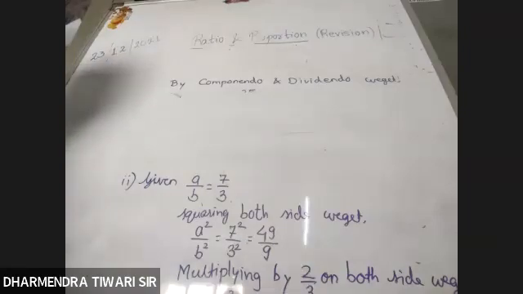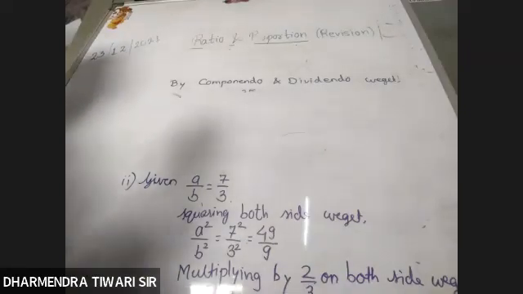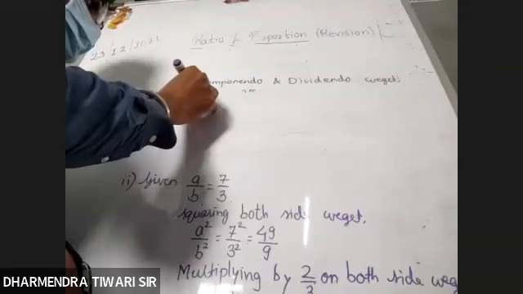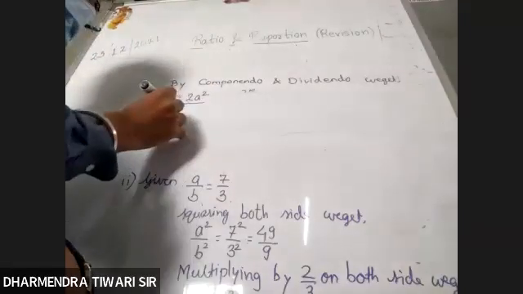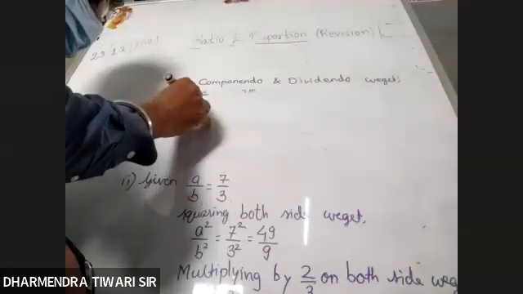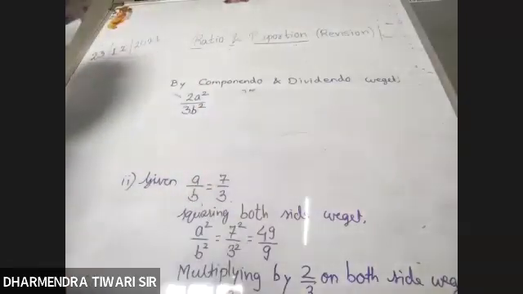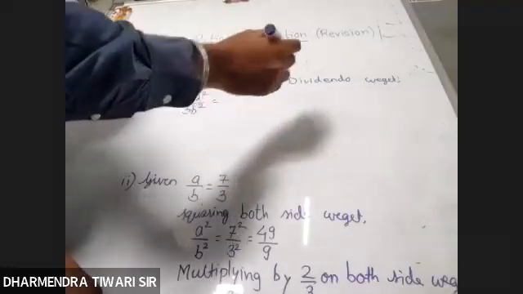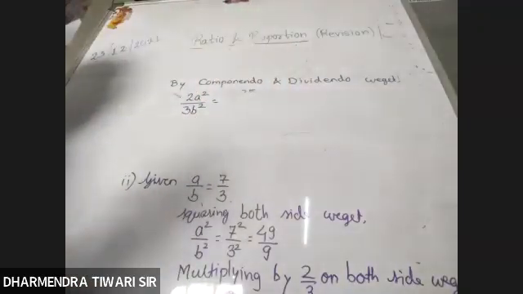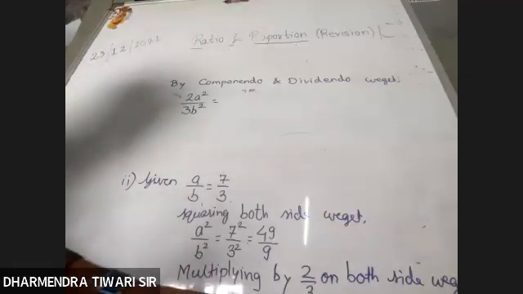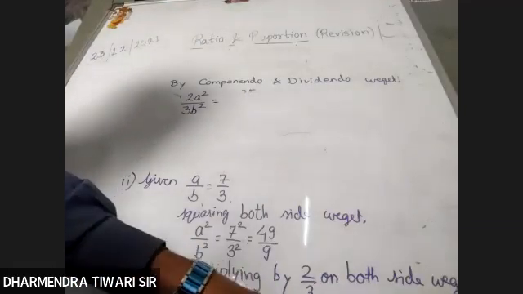So by componendo and dividendo, 2a square upon 3b square is 98 upon 27.